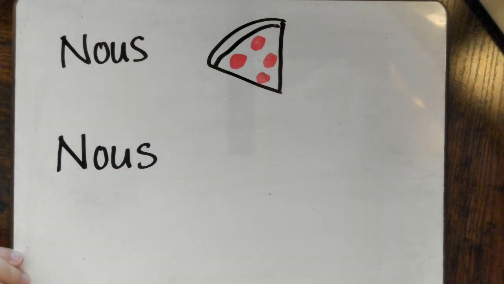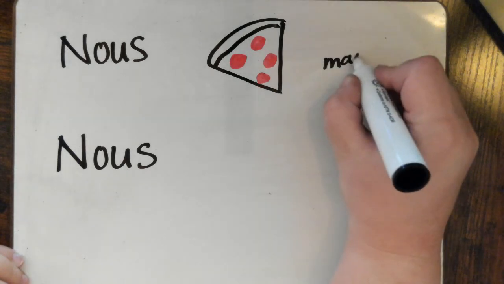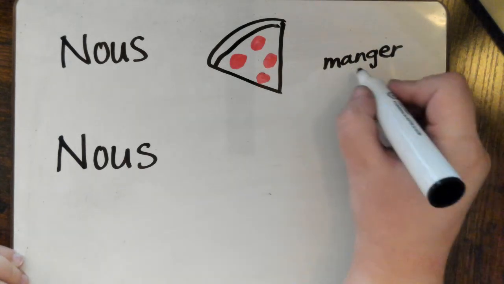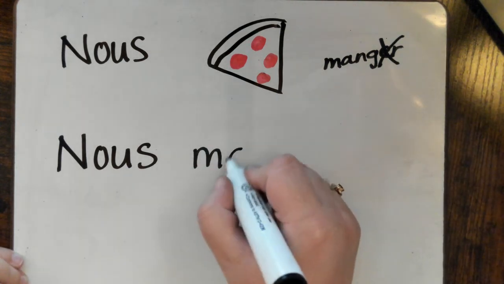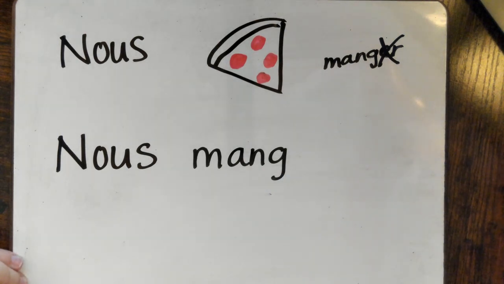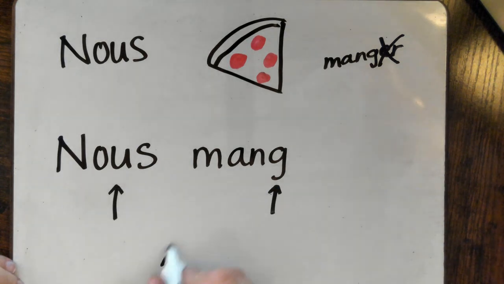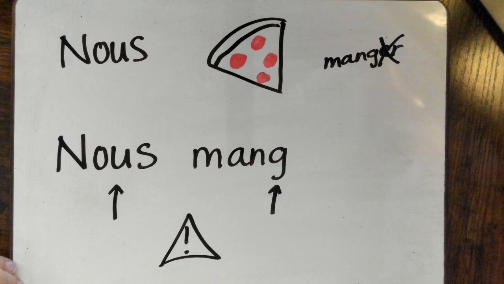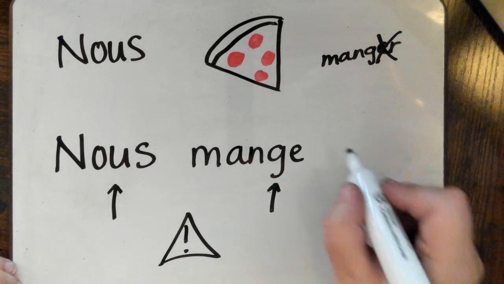So your subject should be nous, and the verb is manger, but then we're going to conjugate it, so you take off the ER, so your stem is M-A-N-G. And now, because the stem ends with a G, and our subject is nous, this is that exception, so we're going to put an E here before we put on the ending.